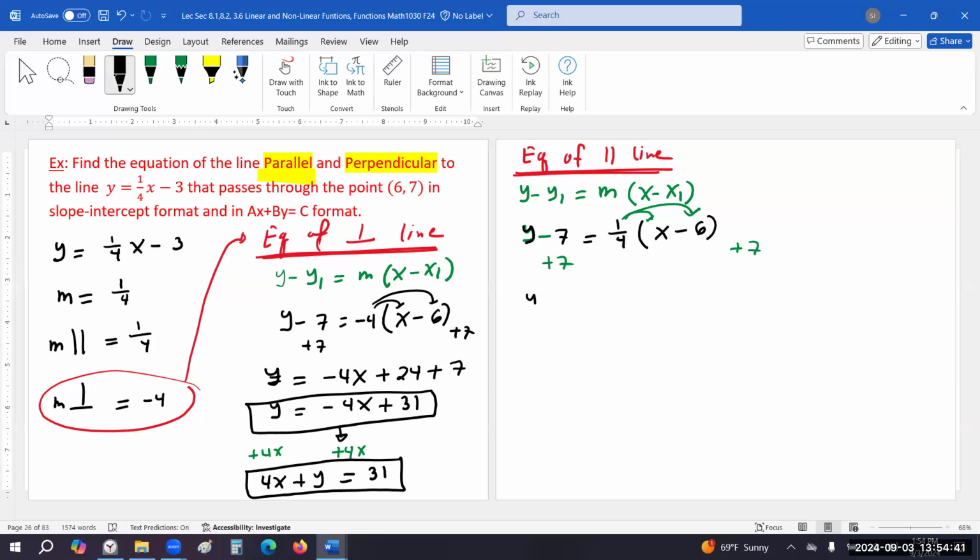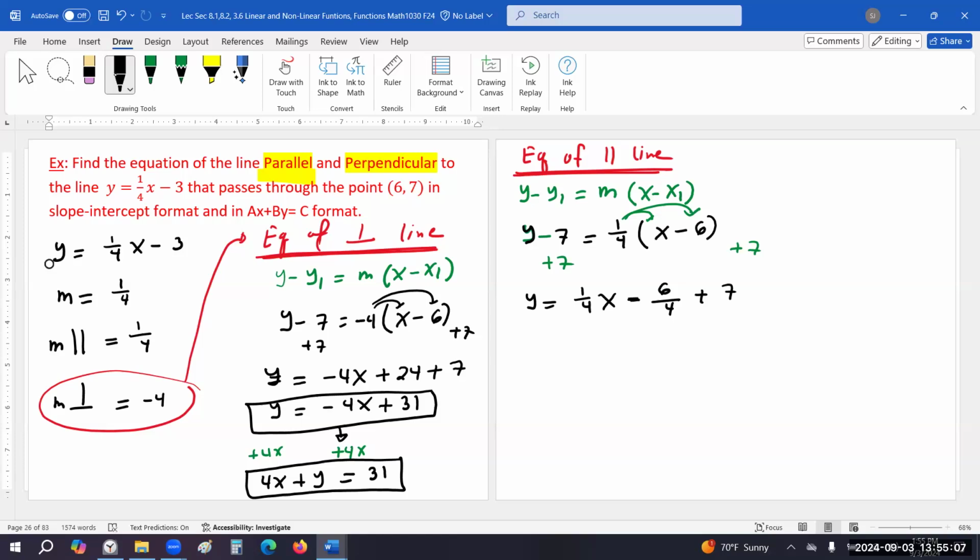Distribute. So y equals 1/4 of x, negative 6/4, plus 7. So you have two ways of doing it.